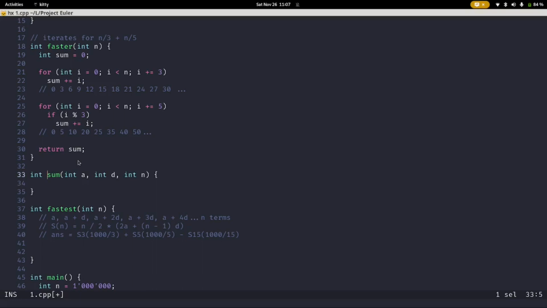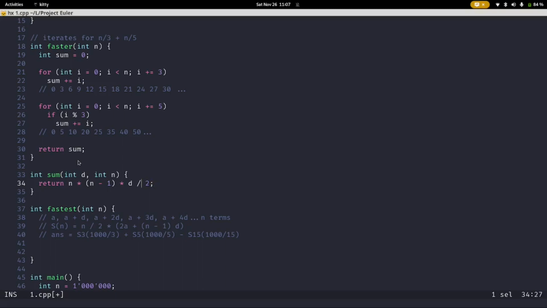Our a is fixed, it's going to be 0, so we can just skip that, and we can just write return n times n minus 1 times d over 2.